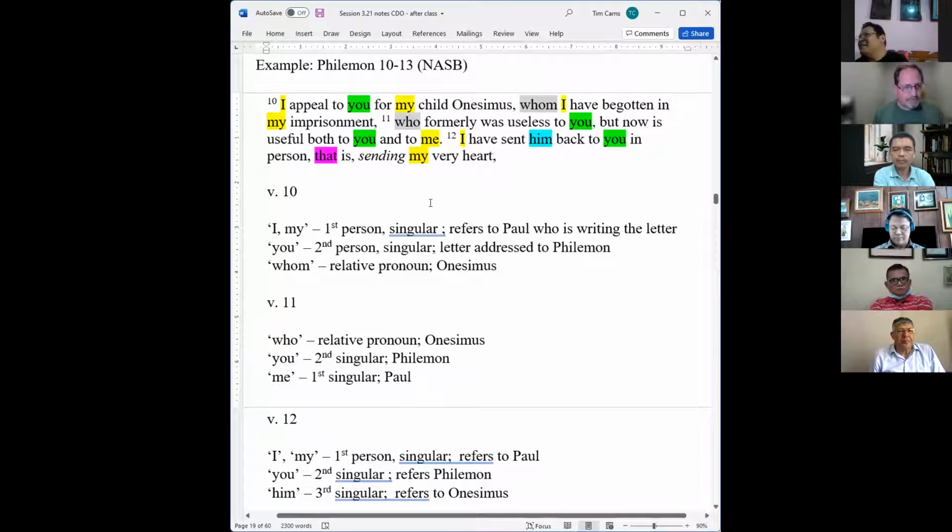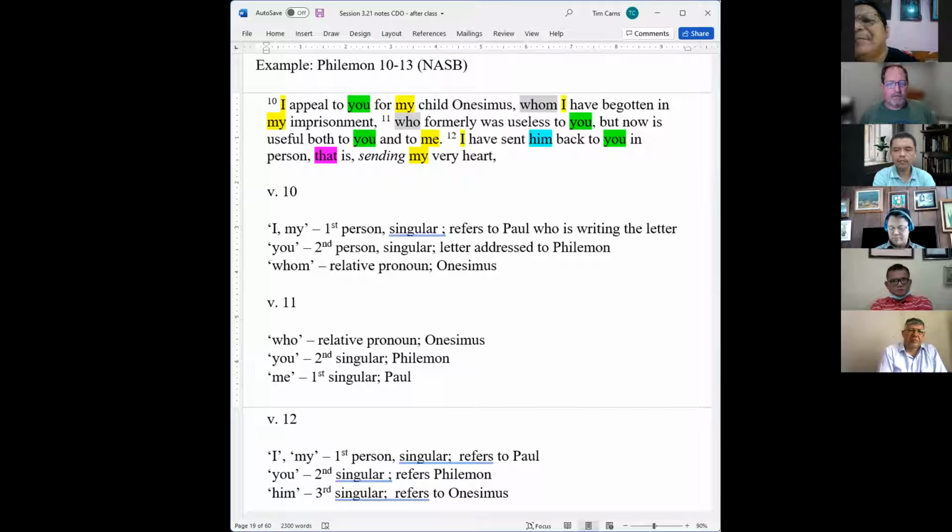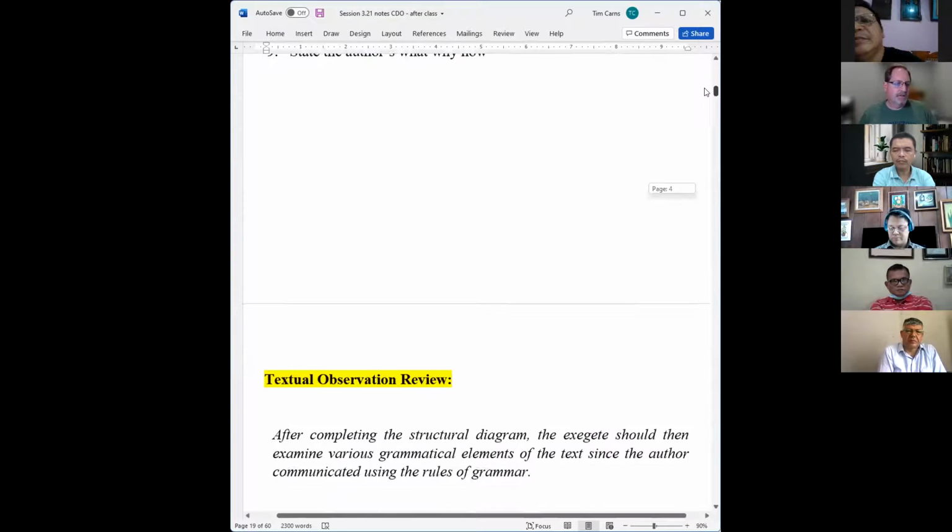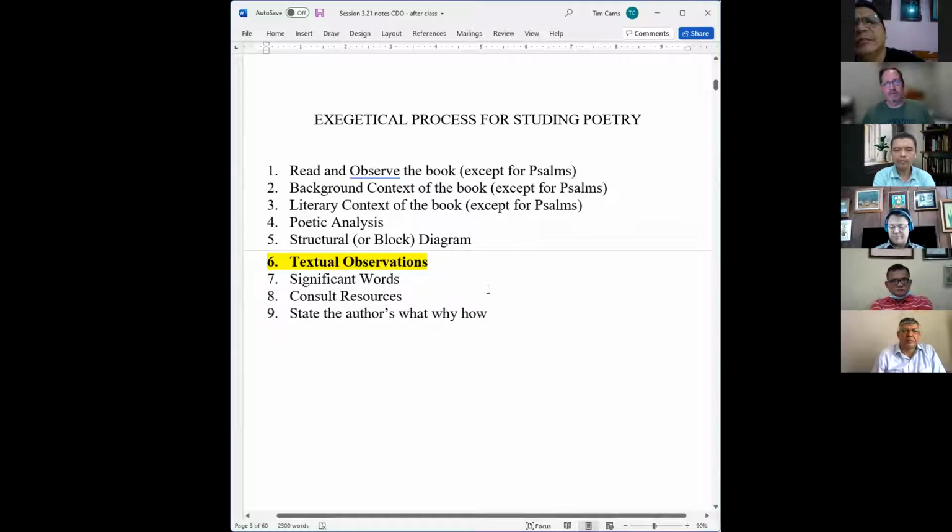So you might be thinking, this is just busy work, why do I have to do this? Honestly, guys, as we look at all the steps in the process, some of these steps overlap, and some are interconnected.